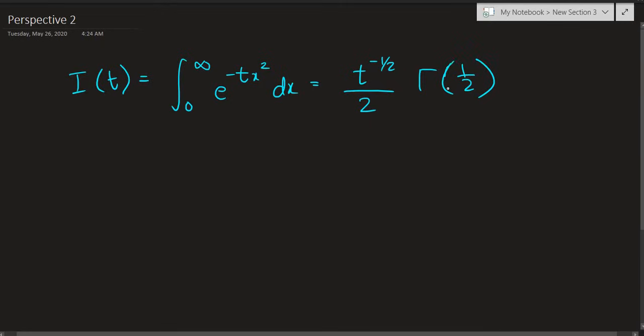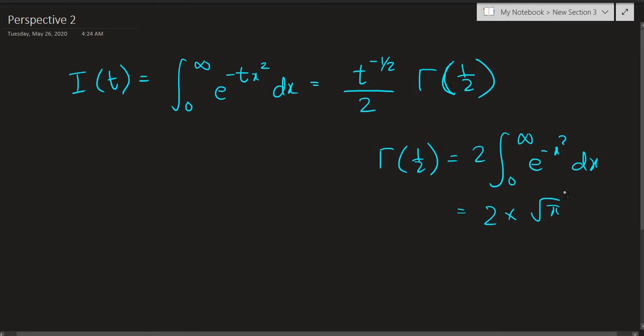And if you remember correctly, gamma of half was just 2 times the integral from 0 to infinity of e raised to -x squared dx. So it was half of the Gaussian integral. So 2 times Gaussian integral. I've made 5 videos on that. Please check that out. So this we can use directly from my previous videos.